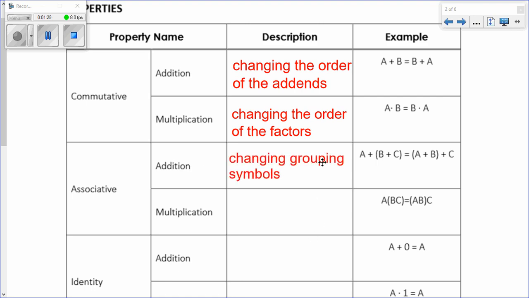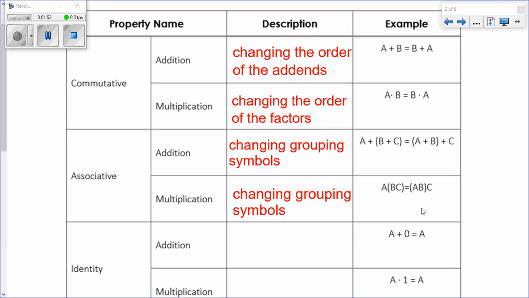So changing the grouping symbols, we could do a plus the quantity b plus c, so that means you do that first, or you can switch it around and do a plus b first and then add the c. Same thing with multiplication, we're just changing the grouping symbols. Here we'd group b and c together, so we'd do that one first and then multiply by a, or we can do a and b first and then multiply by c because they're equal, so it's allowed.